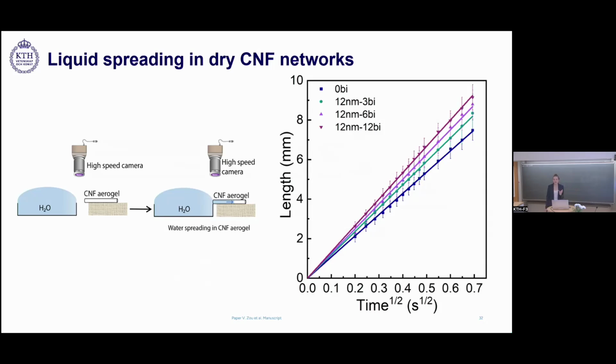As soon as the aerogel hits the water, the liquid spreading can start in the horizontal direction. By recording this entire event with a high-speed camera, we could determine the spreading length as a function of time. And if we analyzed our data, we can see that the increased number of bilayers in the particle modification increases the liquid spreading rate.